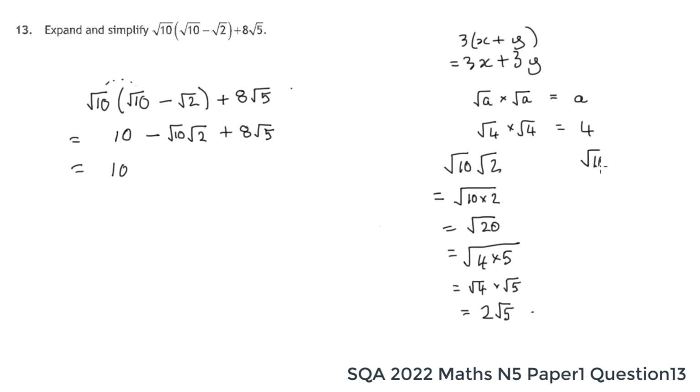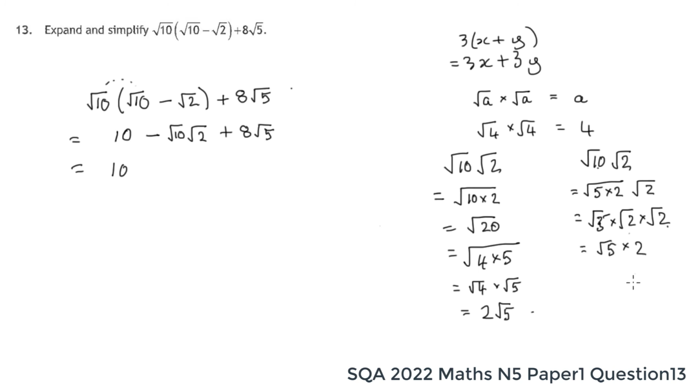Another method, root 10 times root 2, we can split 10 up into 2 times 5, or 5 times 2. Now why would I do that? Well, I would do that because look what we end up with, a root 2 times a root 2, and we know what root 2 times root 2 is.